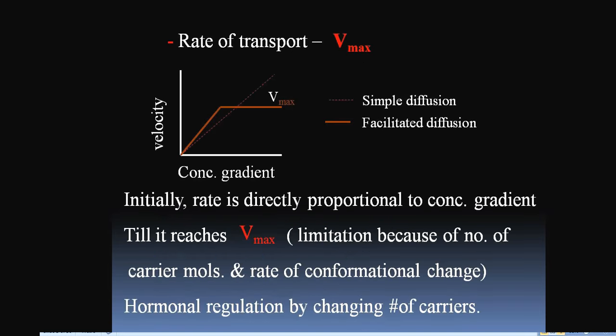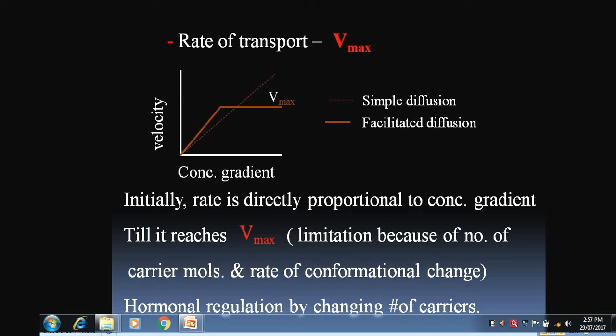Now when we see the rate of transport, this graph easily shows that the rate of transport is directly proportional to the concentration gradient in simple diffusion. But in facilitated diffusion, up to some mark it is correct, but after some time it reaches a plateau stage, that is Vmax. This simple explanation is useful to understand the difference between simple and facilitated diffusion.